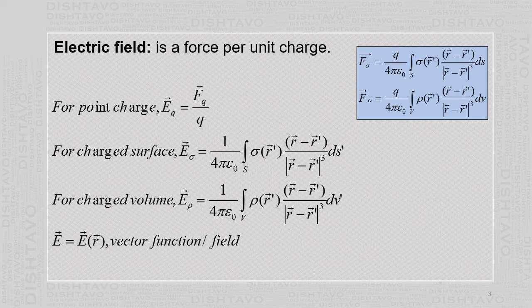Now this something which is there in between the two charges was called a field, and in the case of gravitation it was called a gravitational field, and in the case of Coulomb's law it was called an electric field.